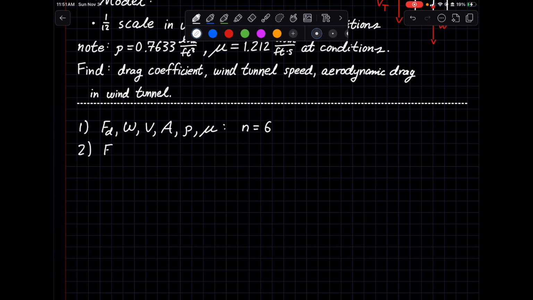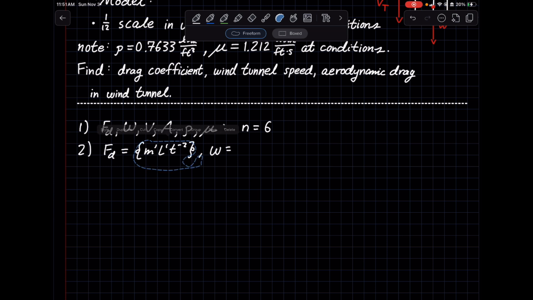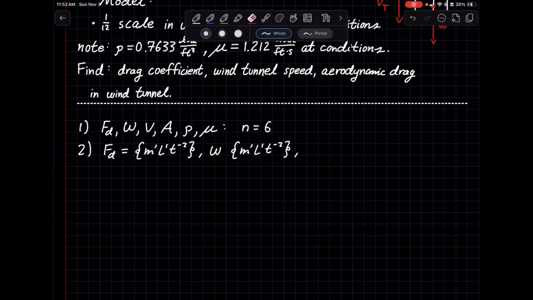F_D is a force. This is our drag force, so this would be mass times acceleration. Our weight is also a force by nature, so it has the exact same dimensions as our drag force. Velocity is some distance over time.